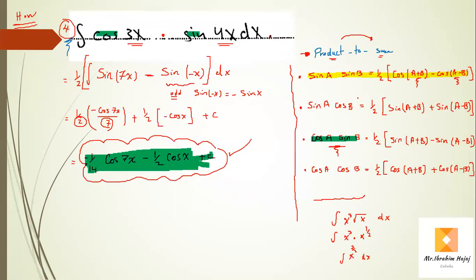We use one of the identities: cosine A cosine B is equal to half cosine A plus B plus cosine A minus B. So we have 1/2 cosine 10x, the sum A plus B, plus cosine negative 4x, A minus B.